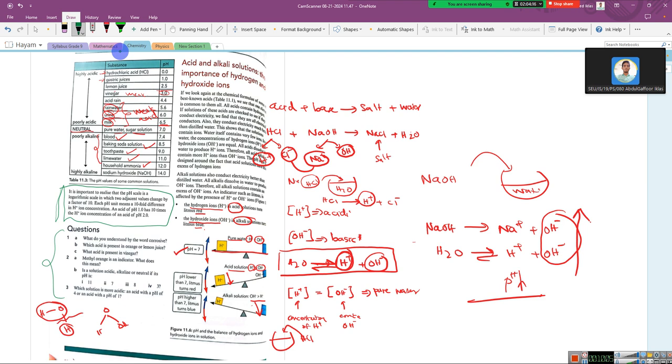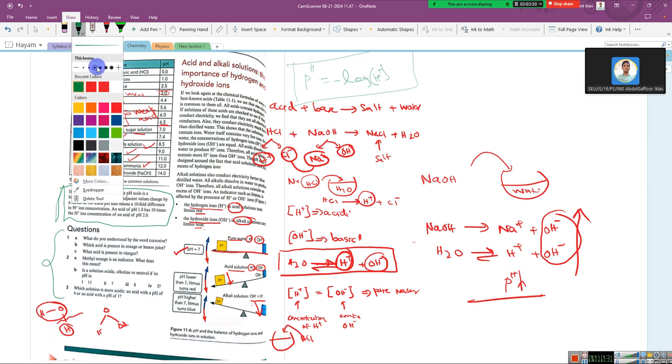So now there is an equation, right? So pH is equal to minus log H plus, the concentration of H plus. Now this is a logarithmic scale, right? So what does logarithmic mean? Logarithmic means, for example, have you studied exponents and indices in mathematics? Yeah.